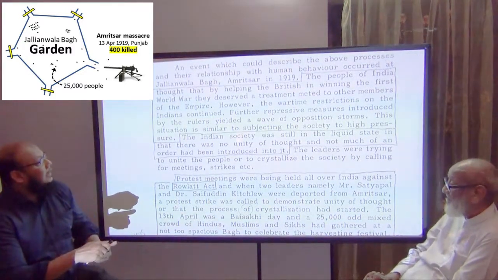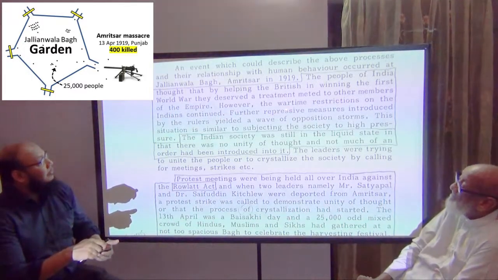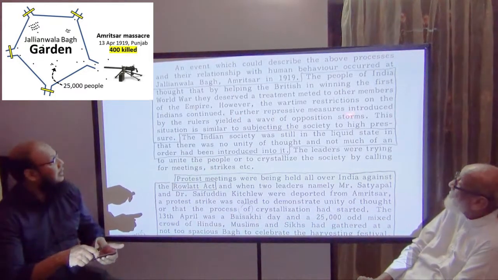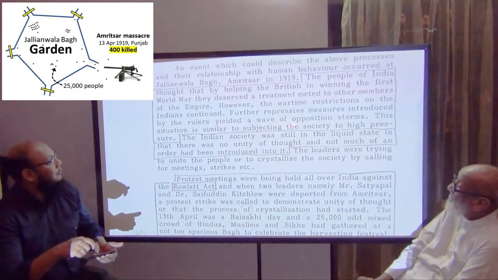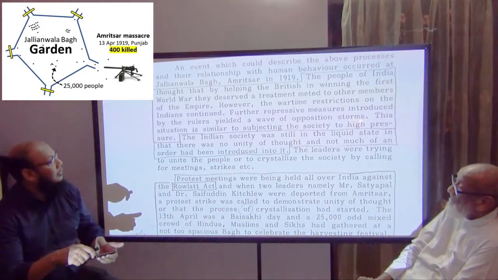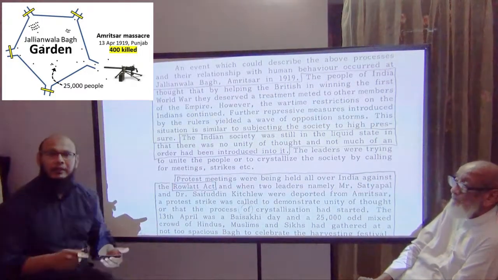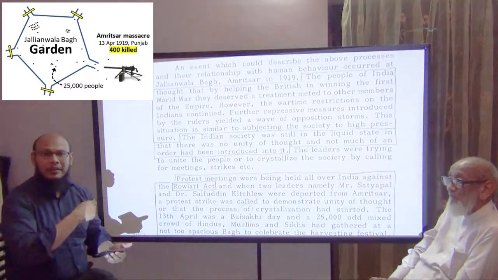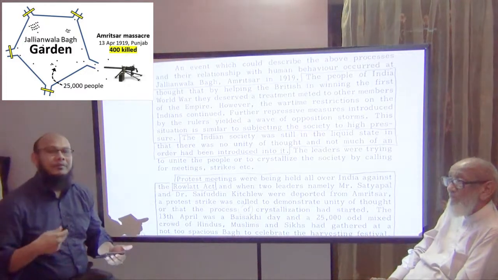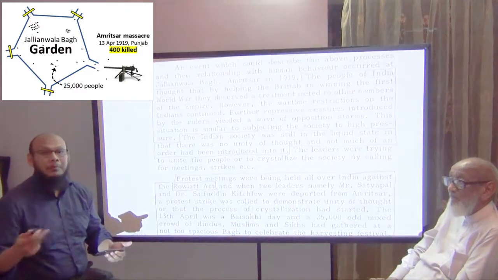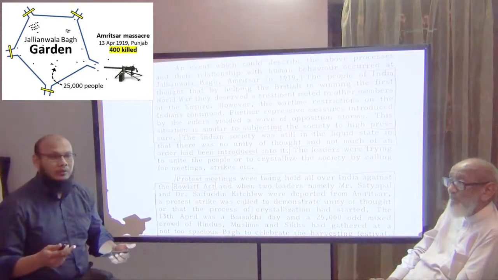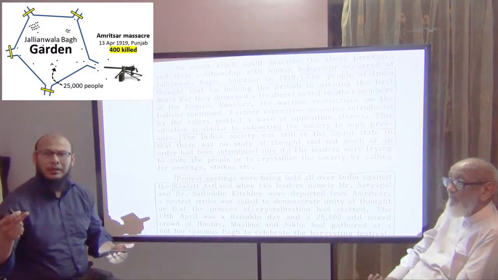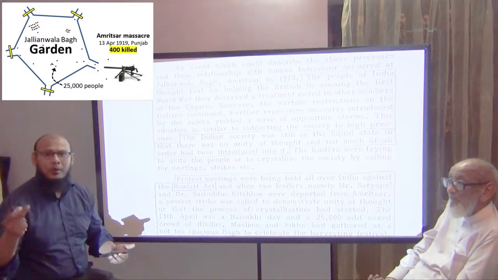Instead, the wartime restrictions on the Indians continued. Further repressive measures introduced by the rulers yielded a wave of opposition storms. This happened across India. It didn't have anything to do with Muslims or Sikhs or Hindus. People started feeling that they were being ripped off of their rights. So the great Bhagat Singh and the likes of these heroes started to pop up.